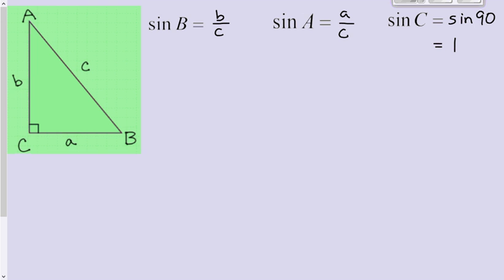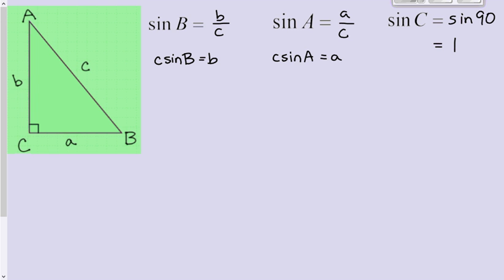Okay, now my hope is to come up with the same relationship that we found for the acute triangles. So what I'm going to do is take these first two equations and multiply both sides by c. So I have c sine of b equals b, and c sine of a equals a.